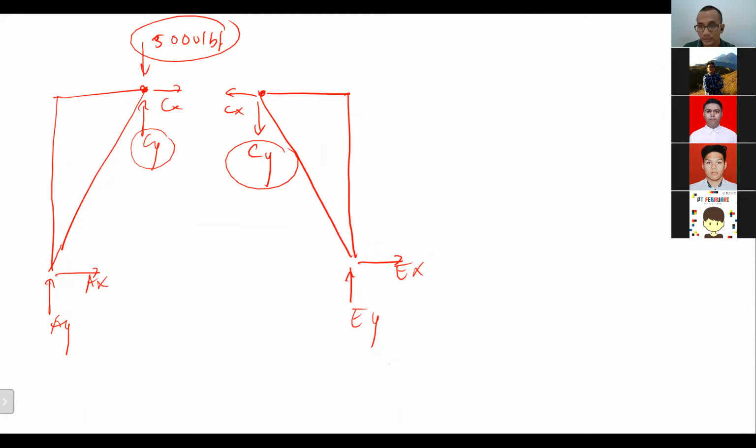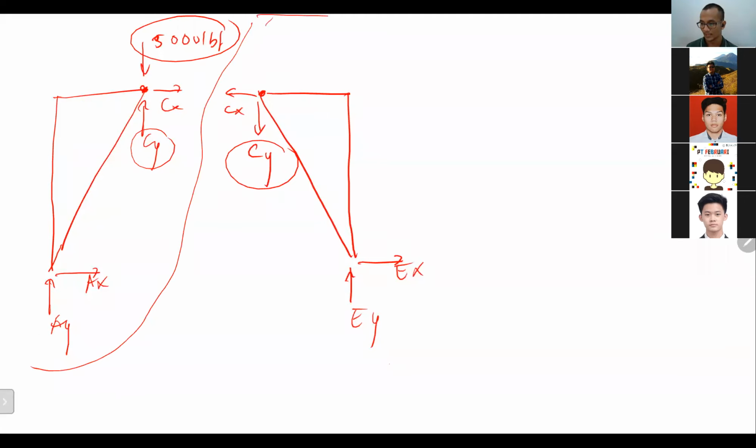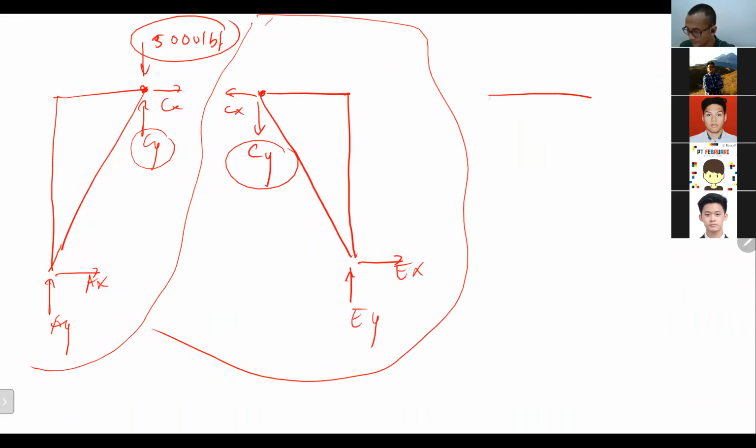Hello, Matthew? Sorry, sir, I disconnected. Yeah. So basically I can put CY like this. I can draw it like this, Matthew. And it will be exactly the same as this one. Later, the effect will be exactly the same as this one.